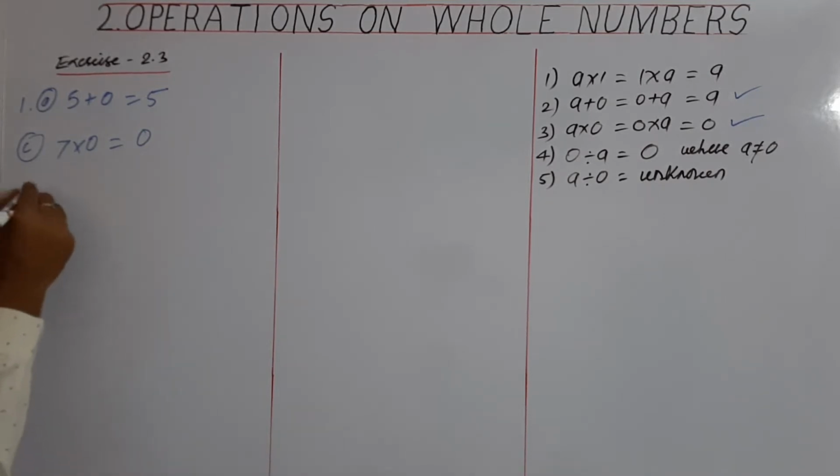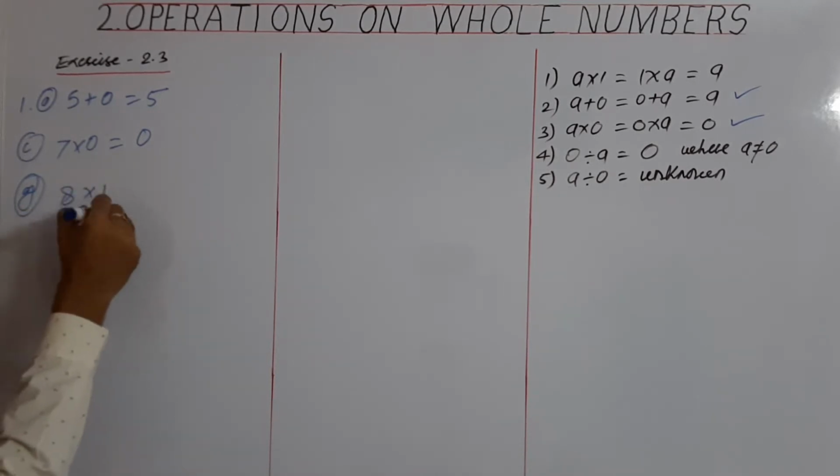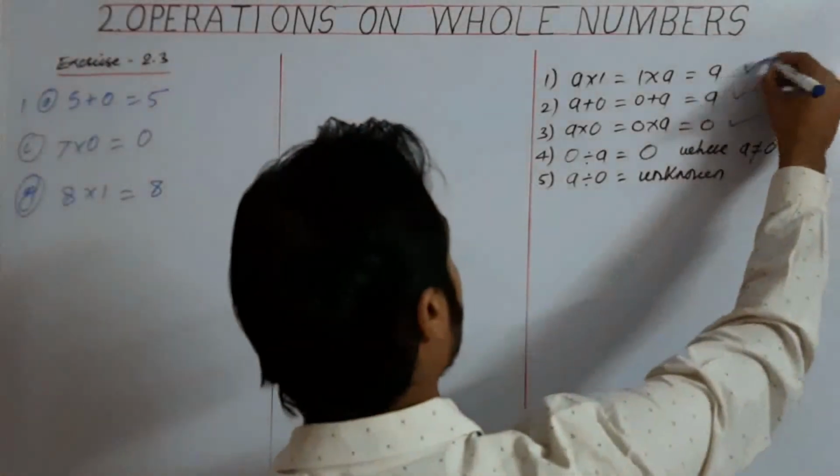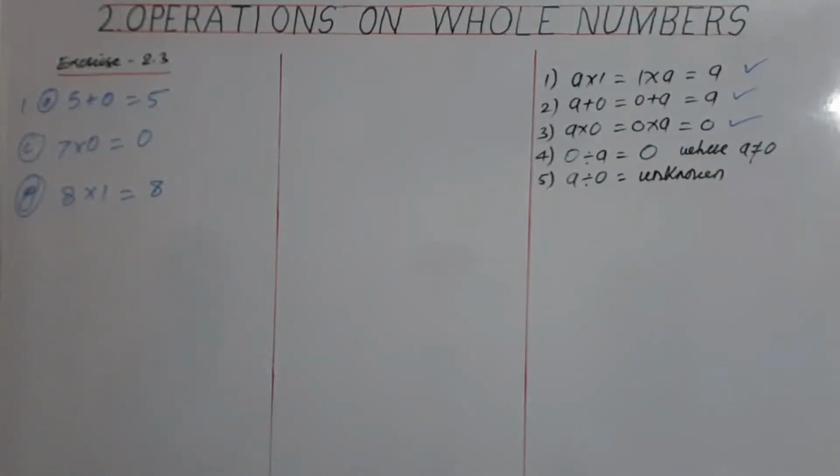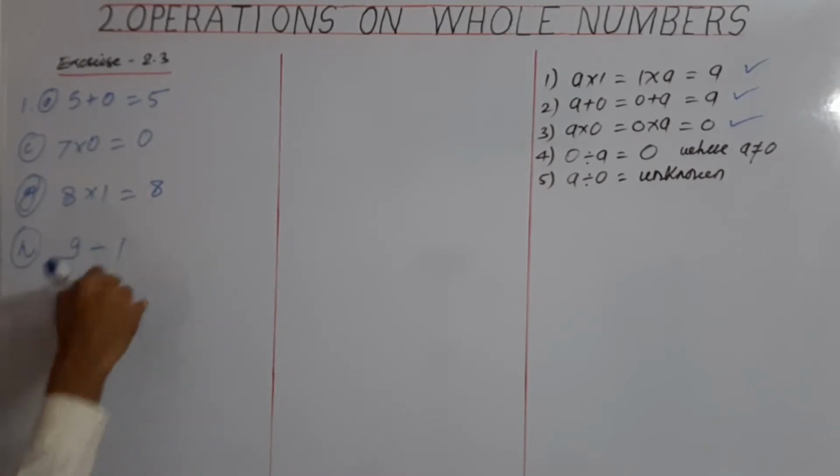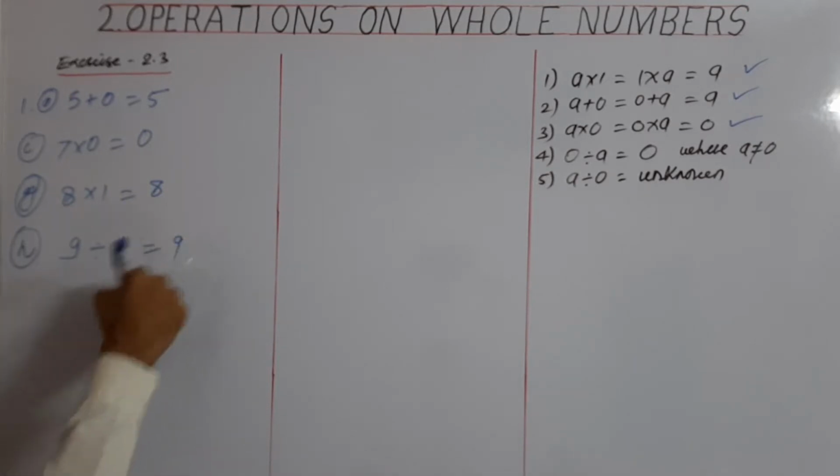Next, solving G. 8 into 1 equals 8. This is the first property. The product of a number and 1 is always the number itself. Next, H. 9 divided by 1 equals 9.